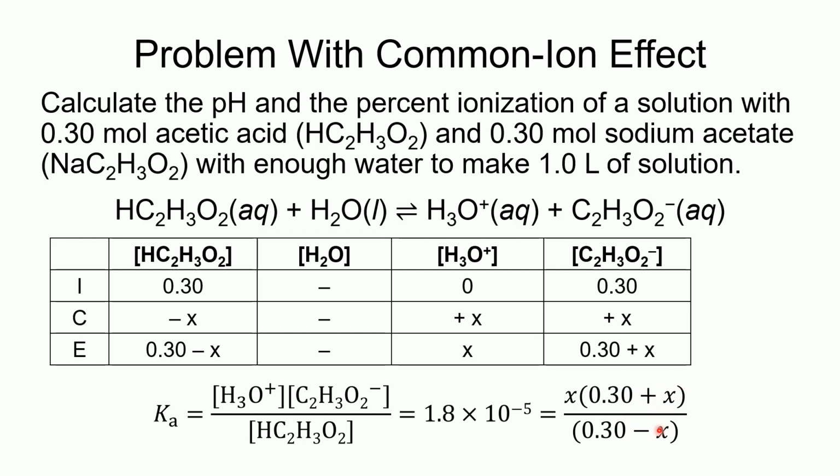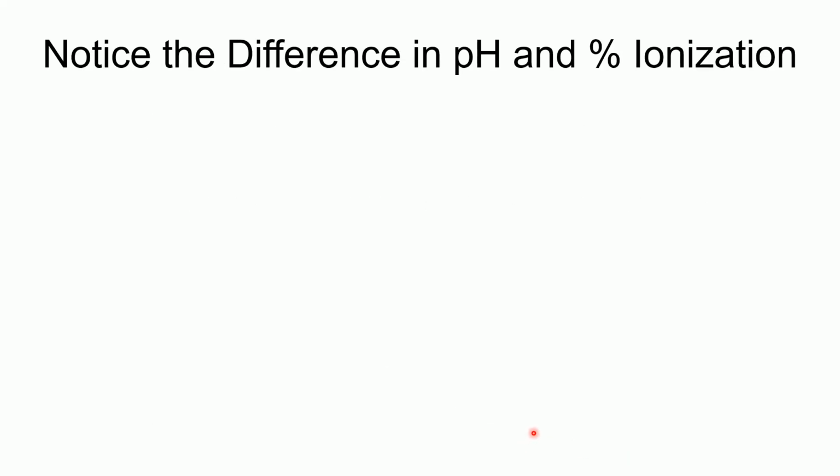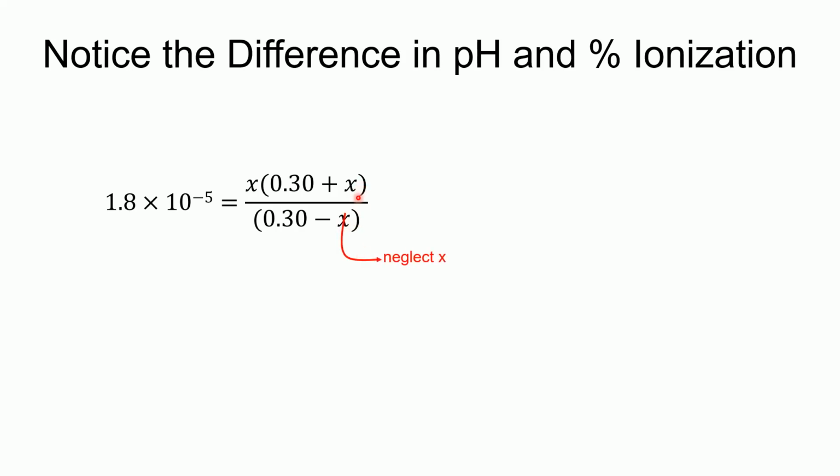And so all we're saying here is that X is so small, it doesn't really affect these values. So here we're going to neglect both the X in the denominator and the one up in the numerator. Again, we can never neglect this X. That would be bad. If we neglected that, we would have nothing to solve for.